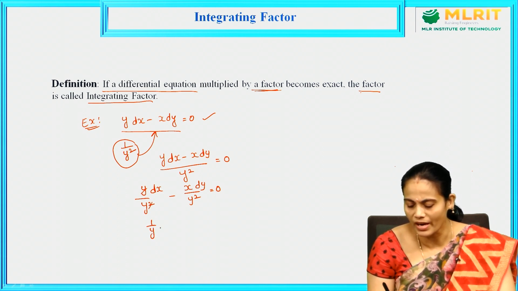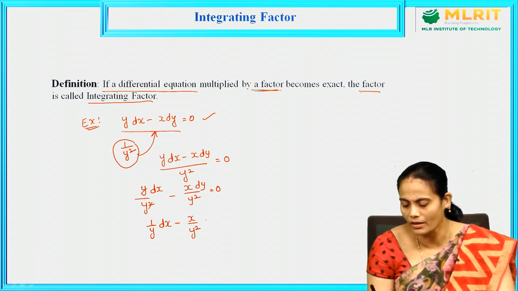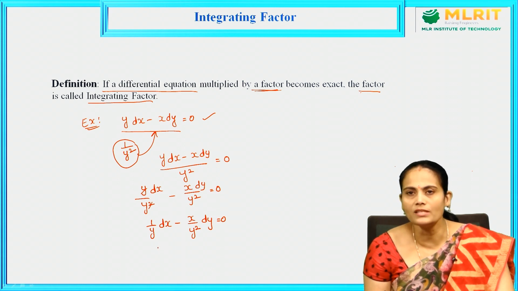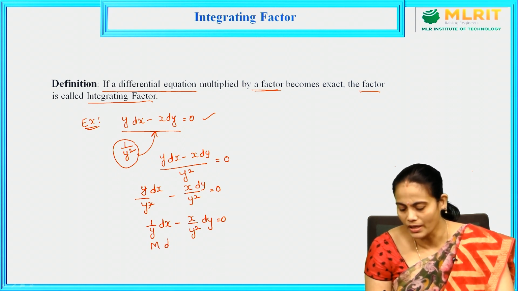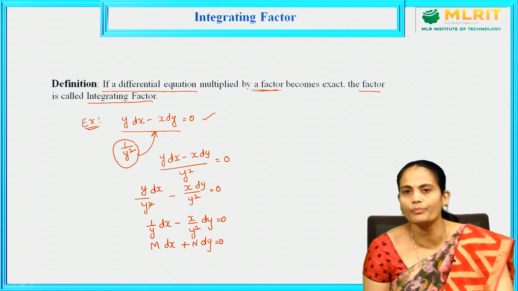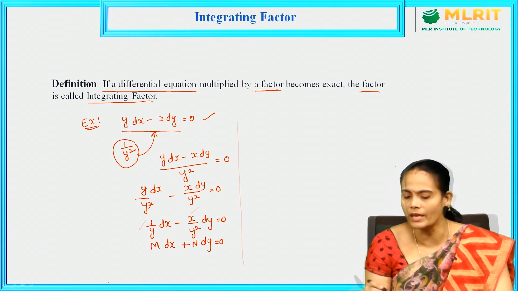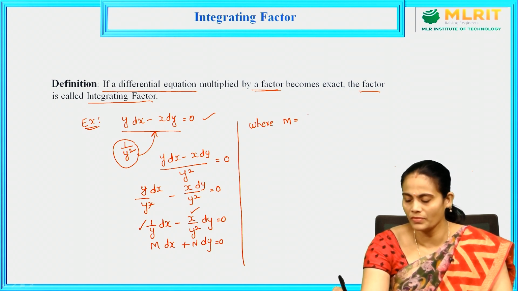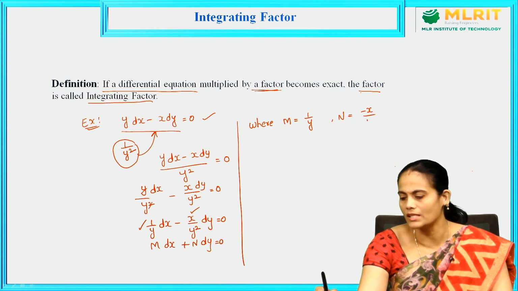So 1 by y dx minus x by y square dy is equal to 0. Now again this is of the form M dx plus N dy is equal to 0. So what are M and N here? Here M is equal to 1 by y and N is equal to minus x by y square.